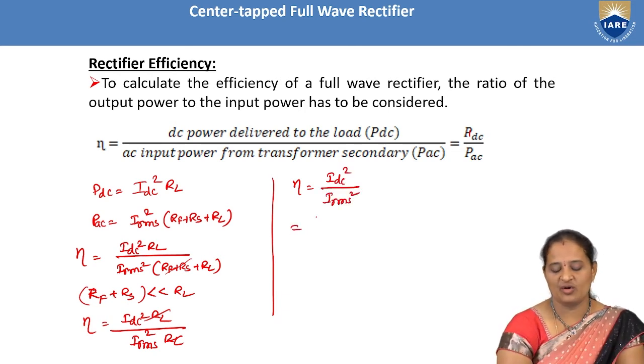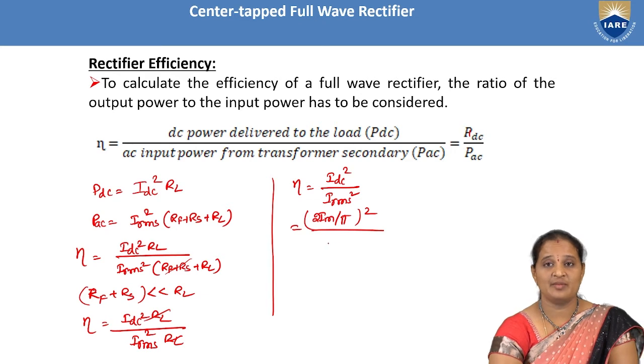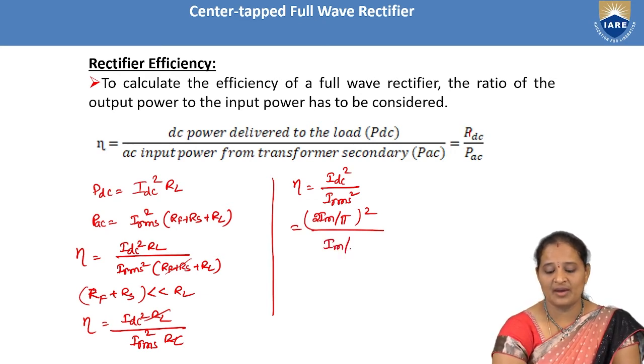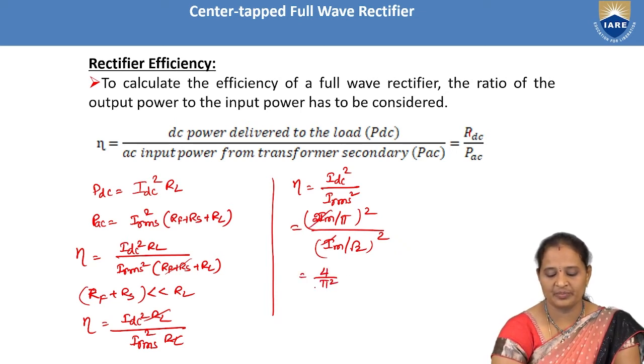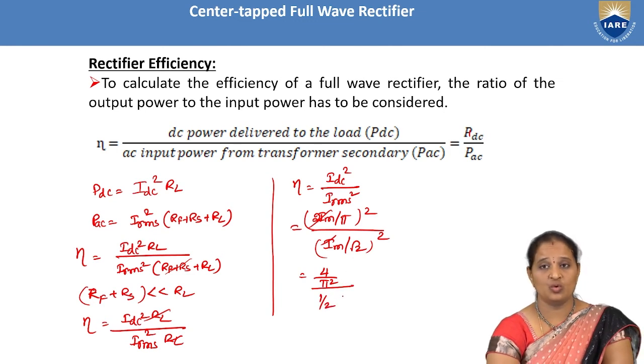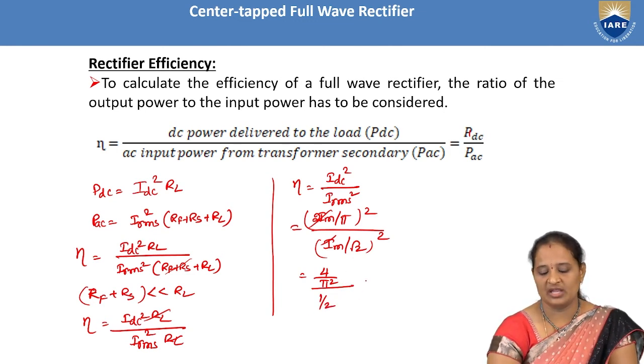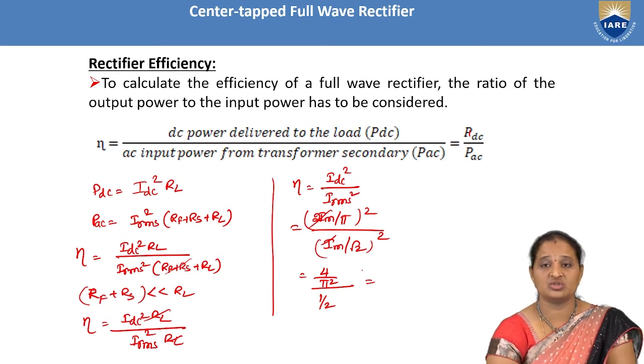We know the value of IDC, that is 2Im by pi whole square, divided by the IRMS value, which we know is Im by root 2 whole square. So here Im gets cancelled. So 4 by pi square divided by 1 by 2, because 1 by root 2 whole square. If it goes to the numerator, it will be multiplied by 4.